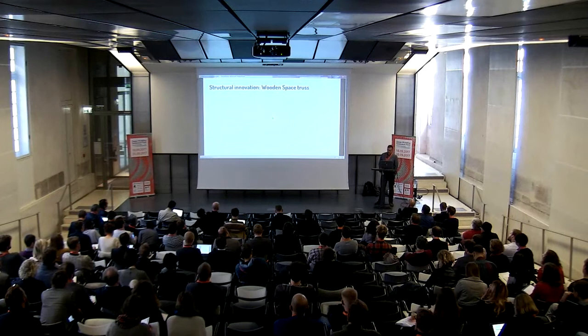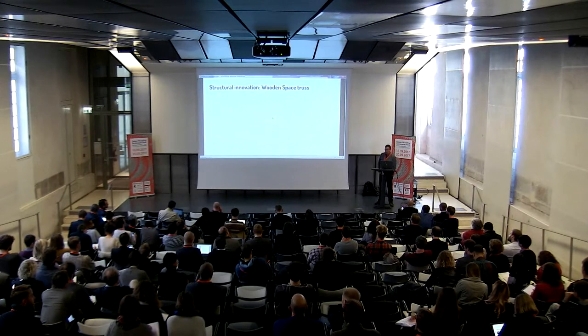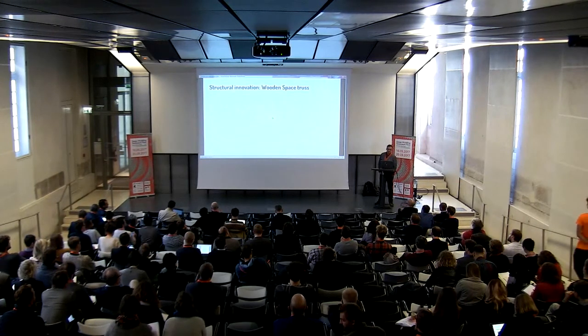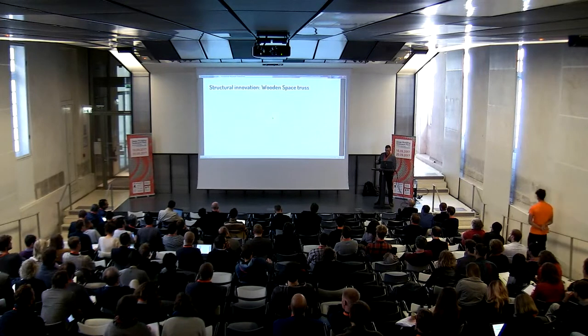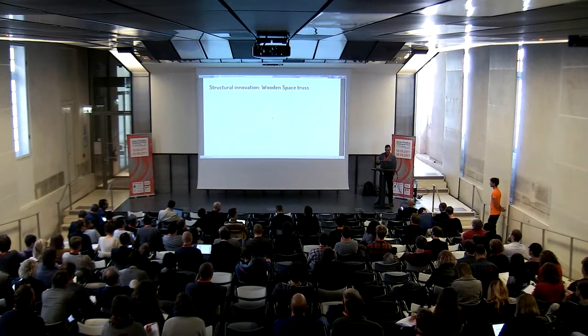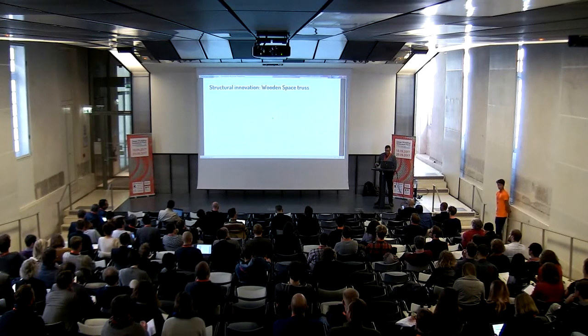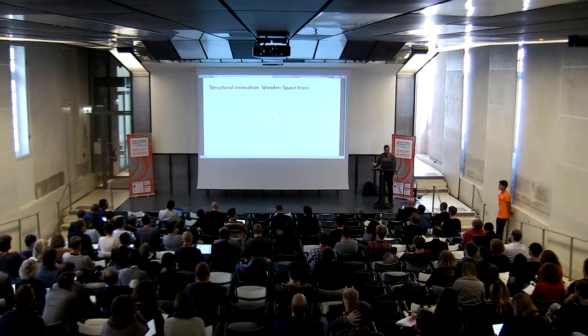Thinking about what we've been able to do recently is rethinking a space wooden truss. You know that wood is very difficult to assemble, and especially when you have beams that are connected to a beam, you need a steel assembly, and it's very often more costly than the wood that you're using, or even in terms of weight.